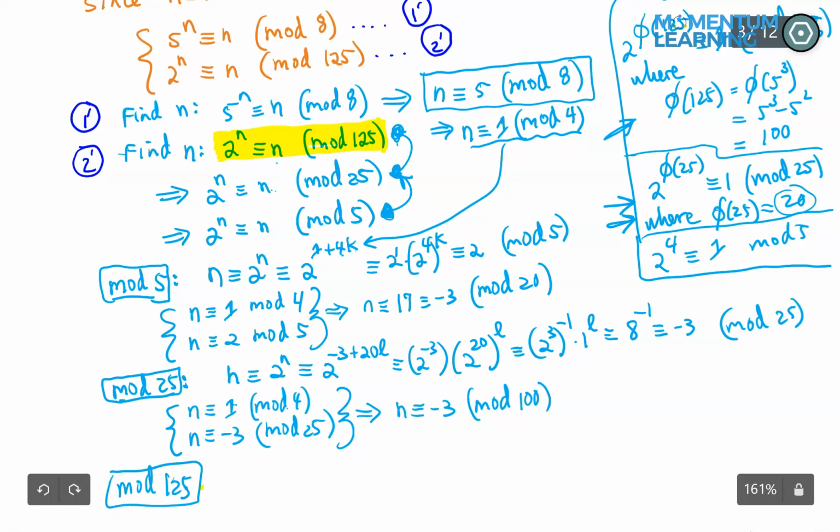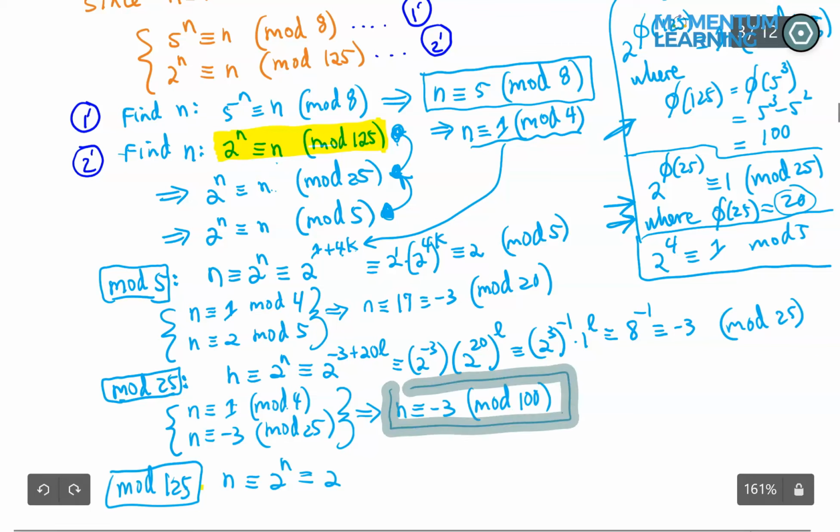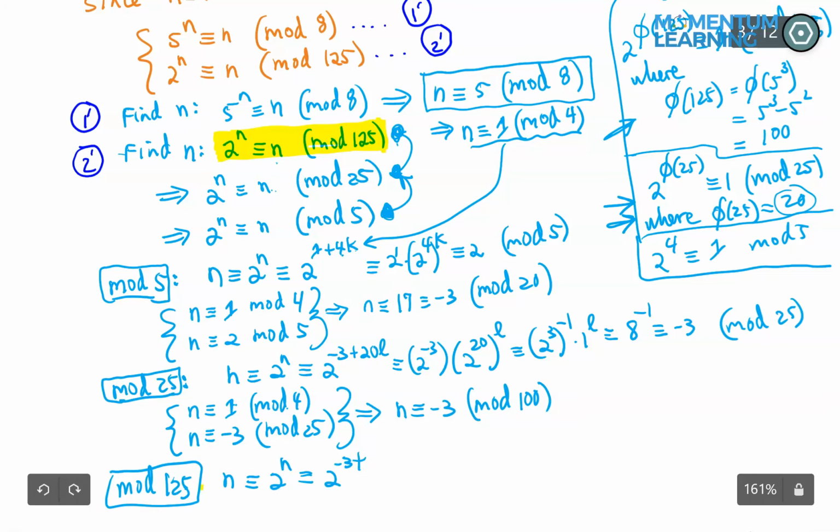Whoops. So far, this is given to us, n is congruent to 2 to the n, but that is 2 to the, replace n with -3, so this expression here, -3 plus, okay, which letter should we use? Let's use m. 100m, right? That's what n is, which is again 2 to the -3 times 2 to the 100m.